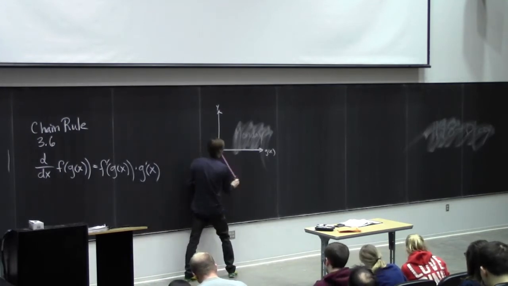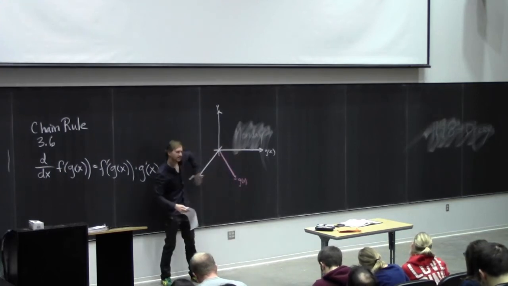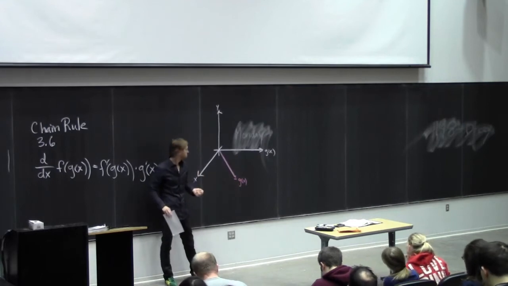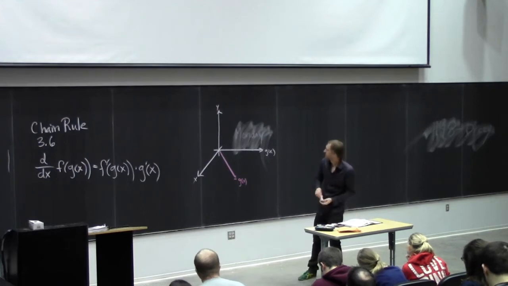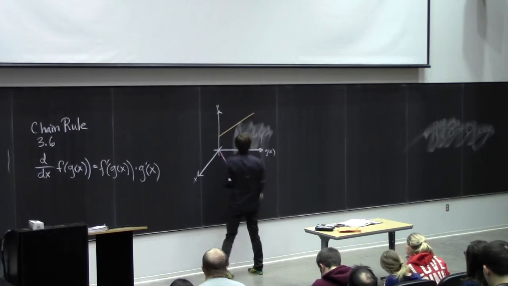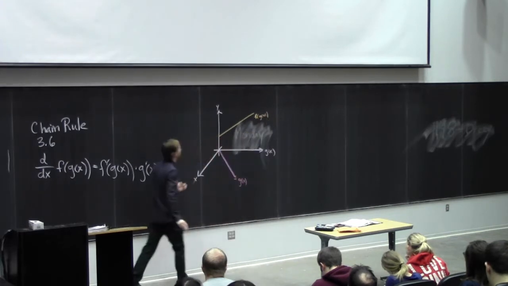This is g of x. We're plotting the x-axis here in g, and we're plotting it kind of coming out of the plane. That looks nice. And this is f of g. There's f of g of x.